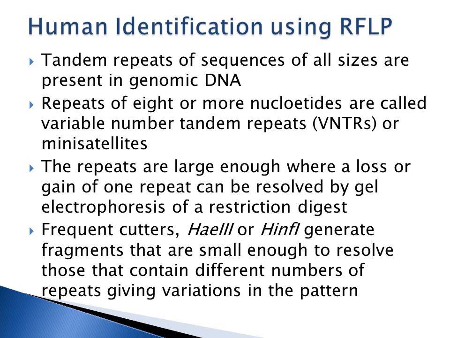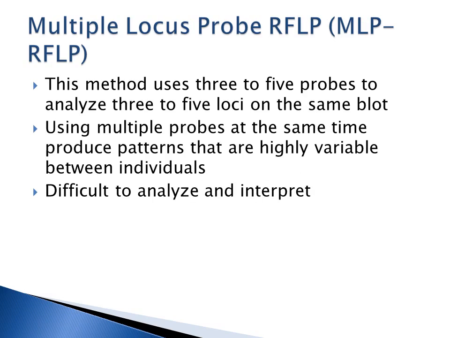So they're going to cut a lot. So examples of frequent cutters are HaeIII or HinfI. And these are going to cut frequently and generate very small fragments. So if you have a loss or gain of a repeat, you're going to be able to see that variation in the banding pattern.